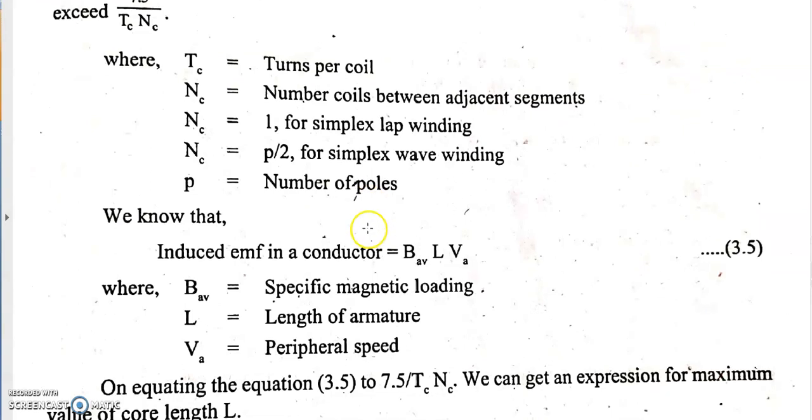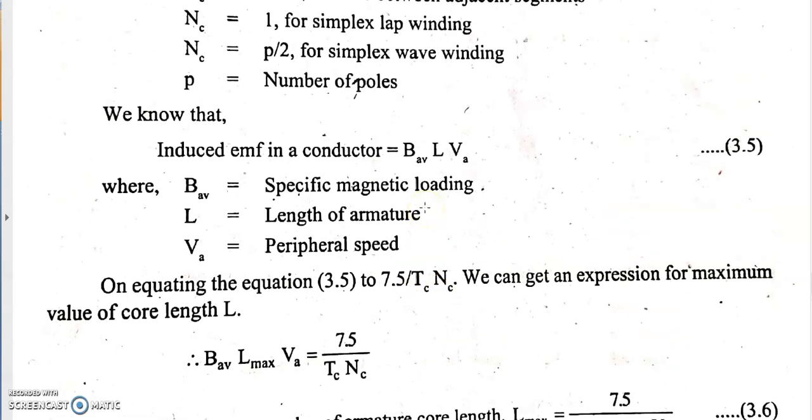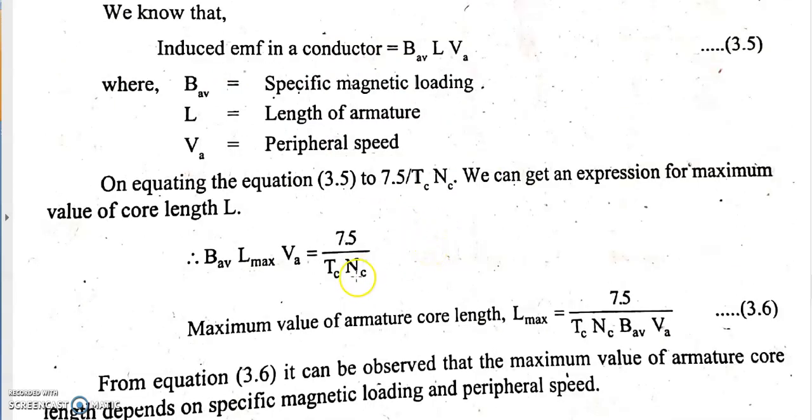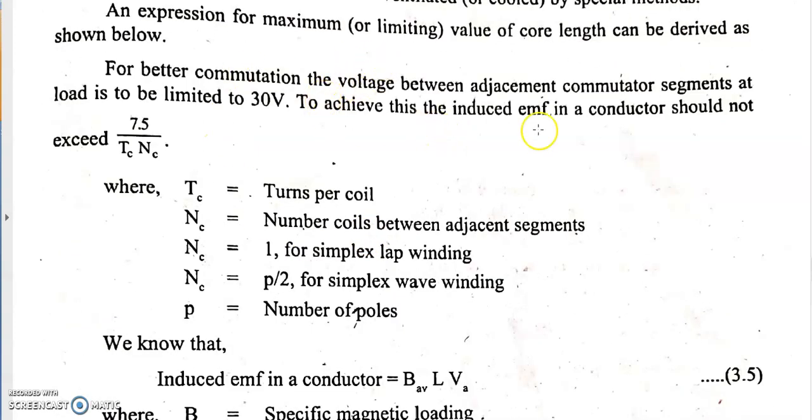The length of the armature, actually, we are going to get from this equation. See here, the induced EMF is BLV, where V is the peripheral velocity of the armature, and that will be equal to this voltage. For better commutation, we have already studied that the limit for voltage between adjacent commutator segments is 30 volt. To achieve this, the induced EMF in a conductor should not exceed 7.5 by NCTC.